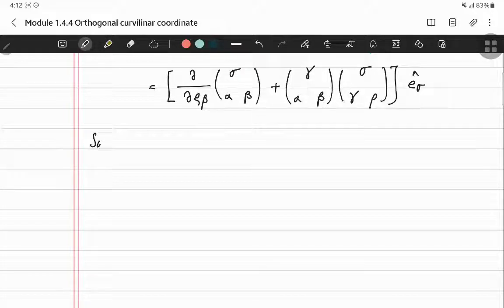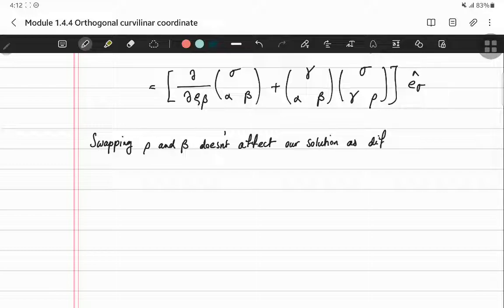So swapping rho and beta doesn't affect our solution, as differentiation is independent of the order of variables.